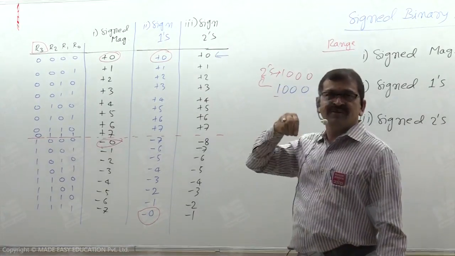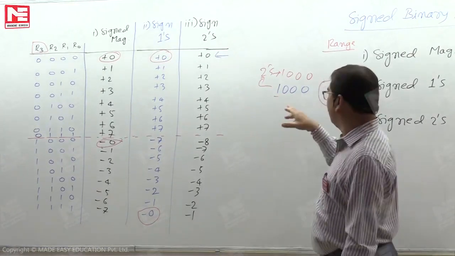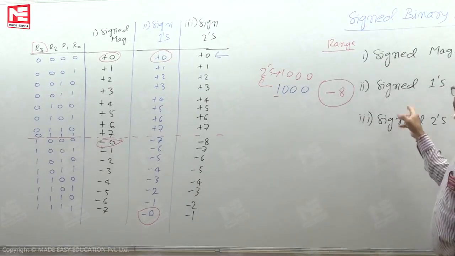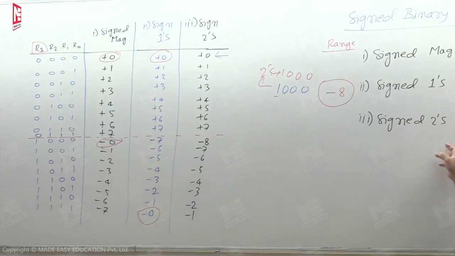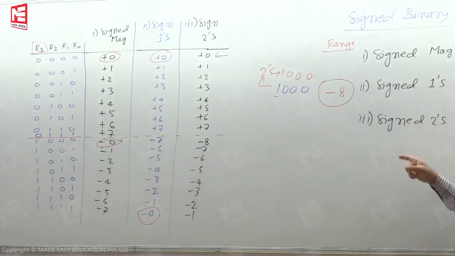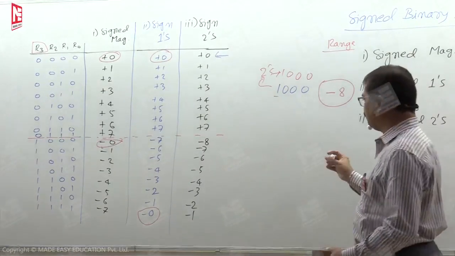The reason to prefer sign 2's complement notation compared with the other two is that in sign 2's complement notation the binary 0 has a unique representation. So better you make a note.